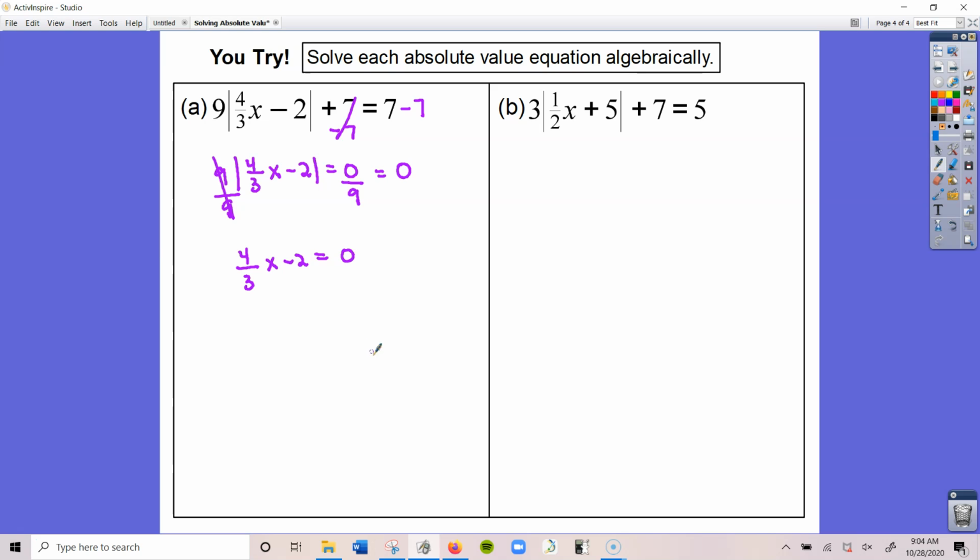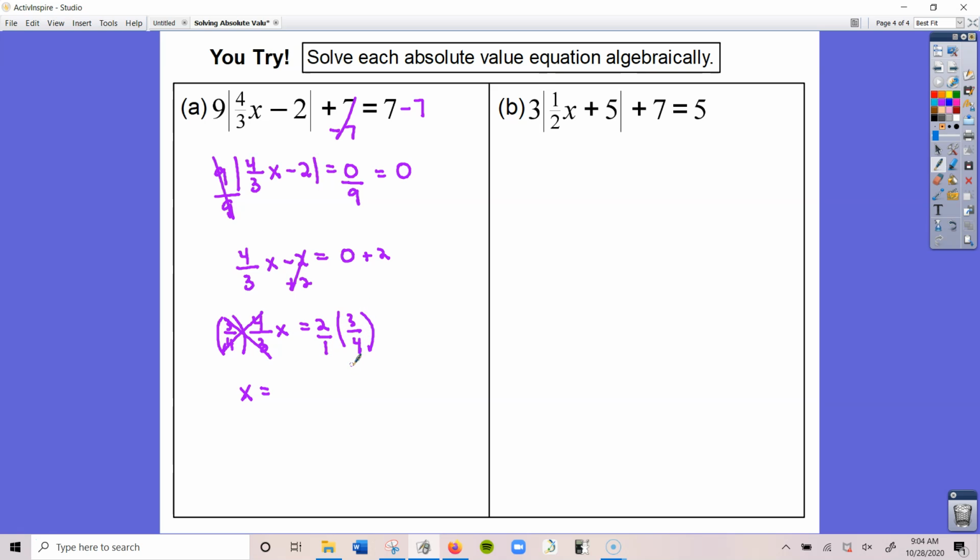and solve for x. So now I would add the 2, and I have 4 over 3x is equal to 2. Now remember, to cancel out a fraction, I'm going to multiply by its reciprocal on both sides. So x is equal to 2 times 3 over 4.